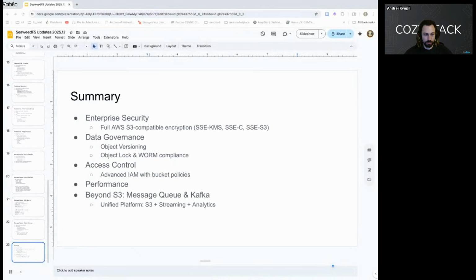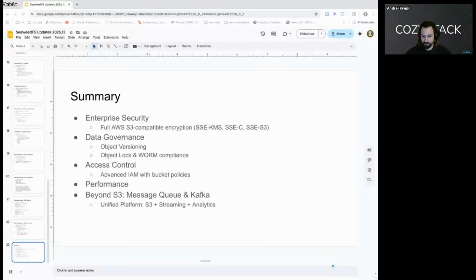How does it compare to? I would say in terms of API support, I think Ceph is also very good on supporting all of the APIs. But in terms of performance, this is much better.